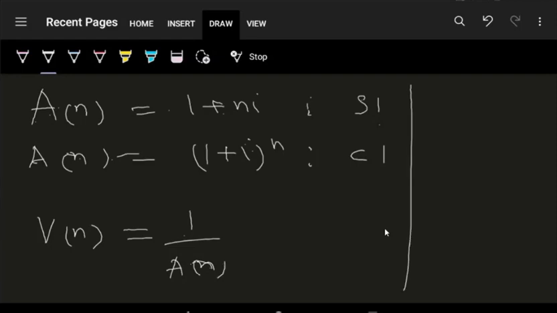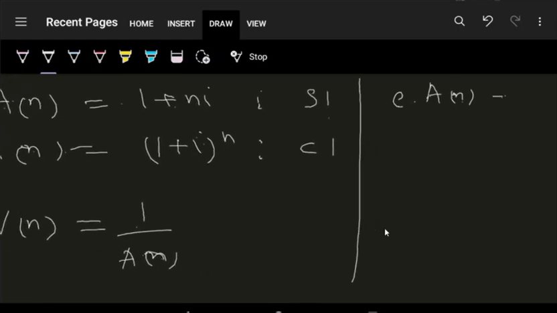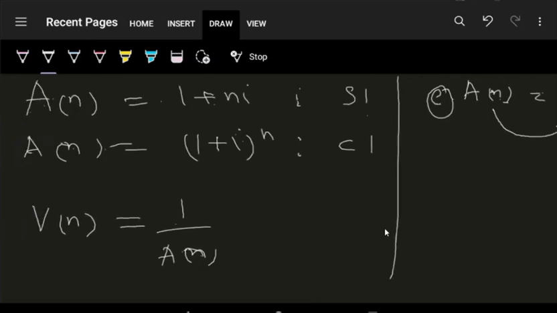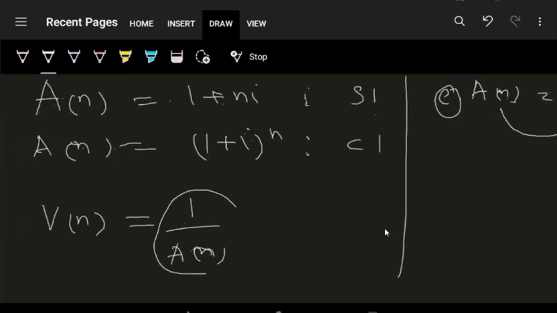As I told you earlier, the accumulation factor when multiplied by C gives you the accumulated amount. So to get back the original C, you divide A by An. So this became your discounting factor.